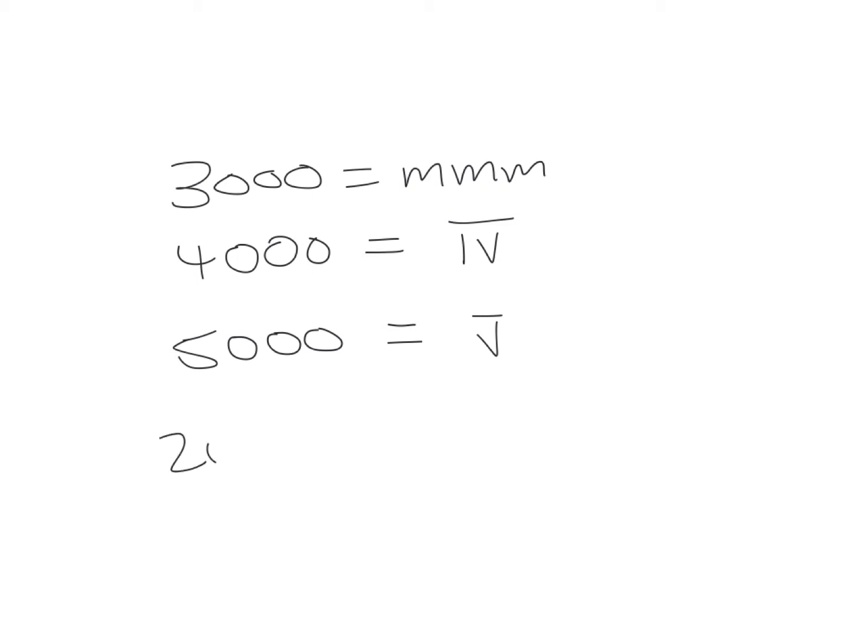And 20,000, for example, will be written as XX with a line above it. There you go, 20,000. Anyway, that's the basics of Roman numerals, and hope you enjoyed the lesson.